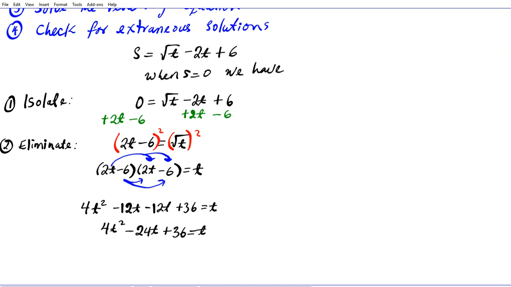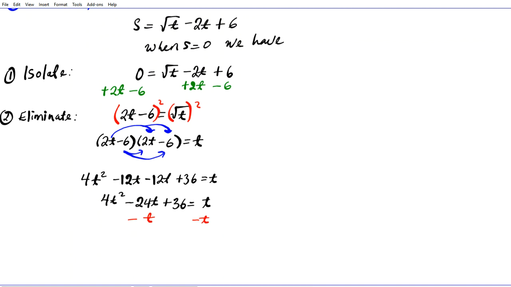Then we subtract t from both sides of the equation. It yields the quadratic 4t squared minus 25t plus 36 equals 0.